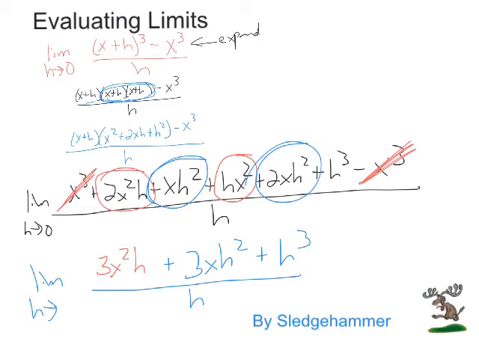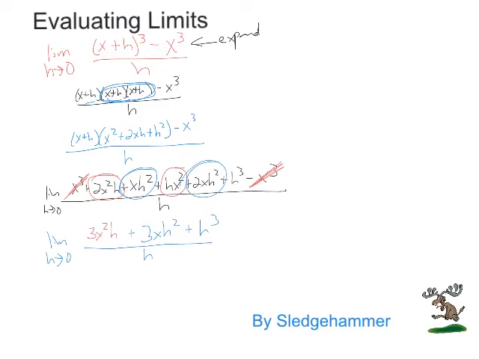Still kind of tracking all of our algebra along the way. At this point, I see that all three terms have an h, and I can factor the h out of my numerator. 3x squared plus 3xh plus h squared.